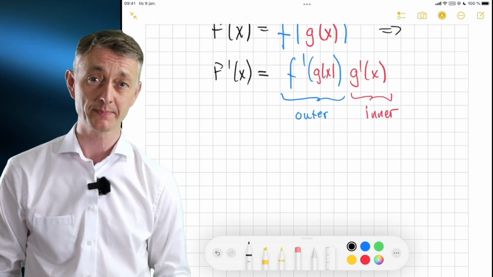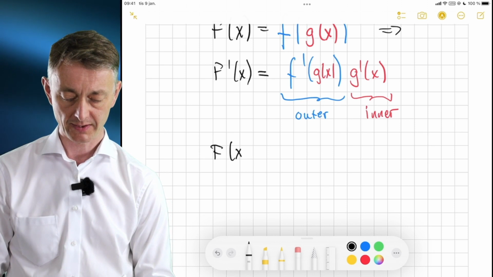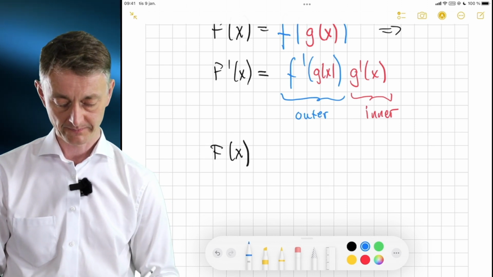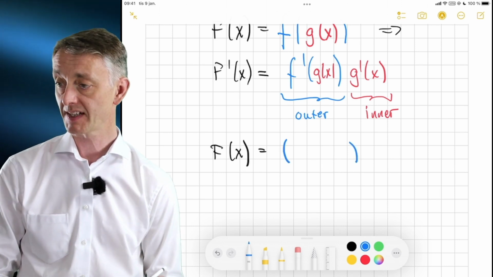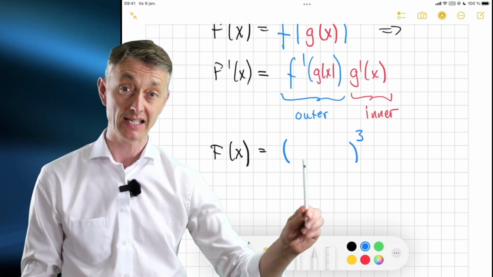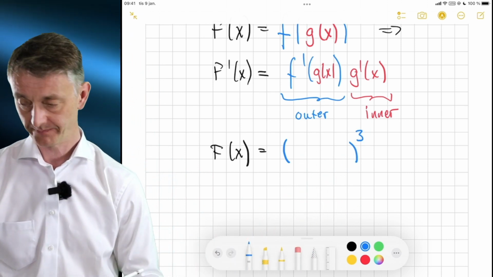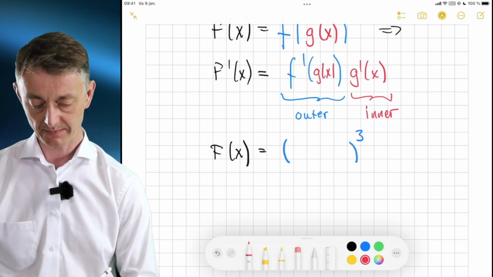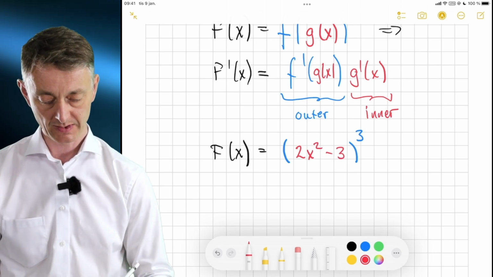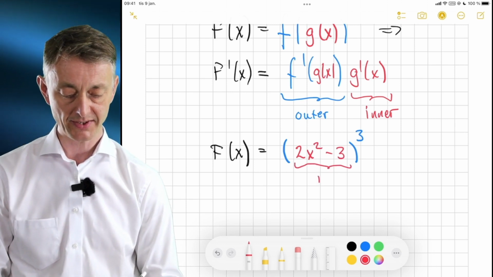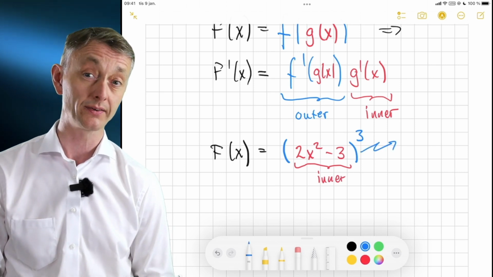So let me show you one simple example of this. Assume we have a function on this form, f of x is equal to something to the power of 3. So this is the outer function, right? And what's in here? Well, there's another function, namely 2x squared minus 3. So this is the inner, and the blue here is the outer function.